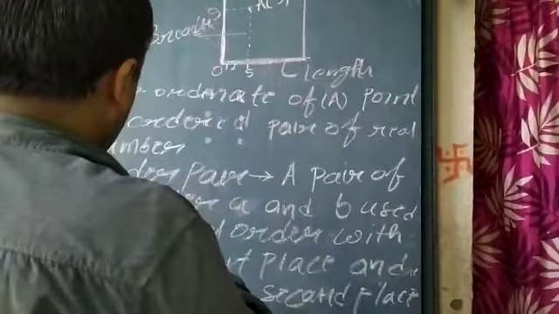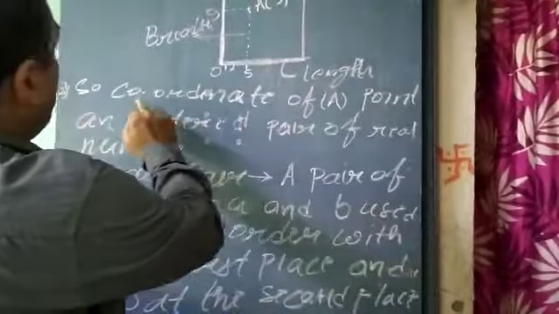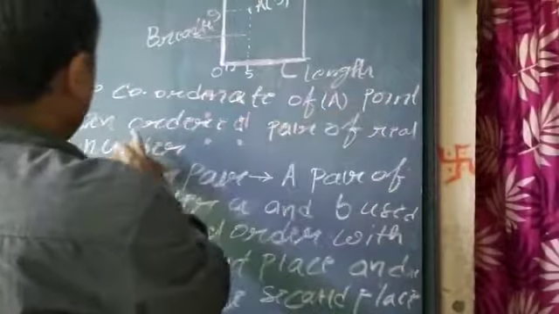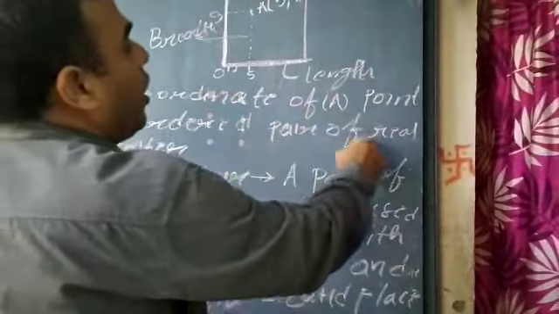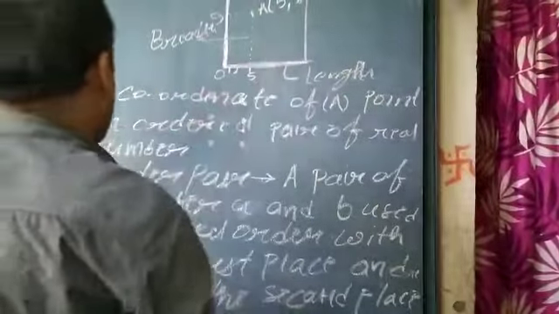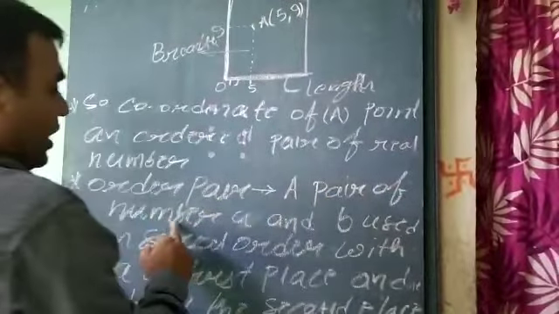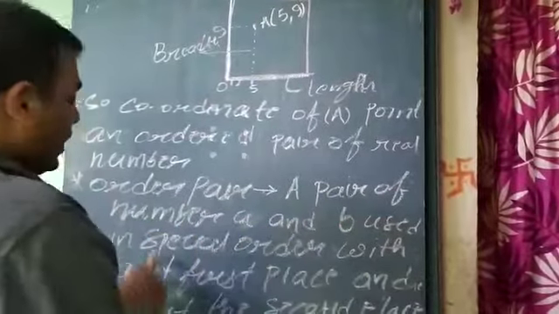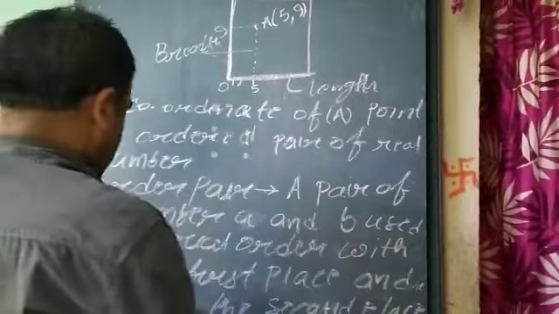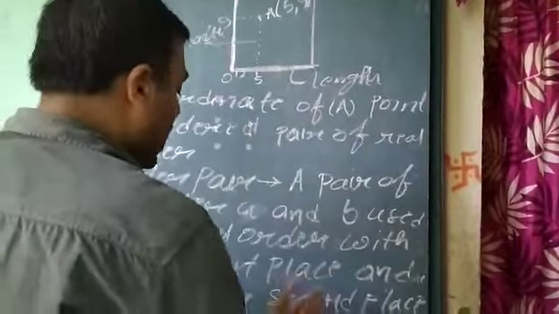So here we have used the coordinate of a point, an ordered pair of real numbers. What is an ordered pair? A pair of numbers A and B used in a special order with A at the first place and B at the second place.